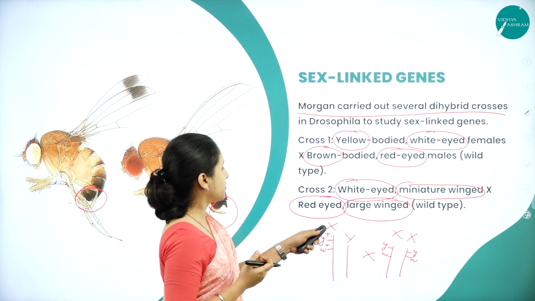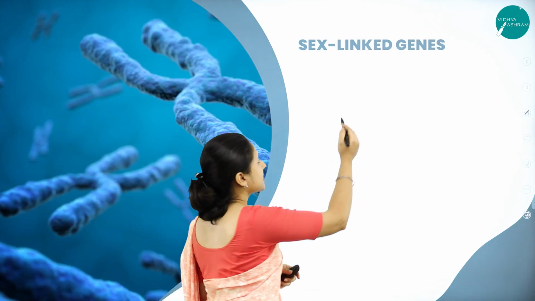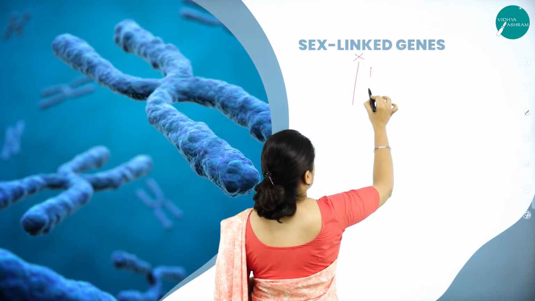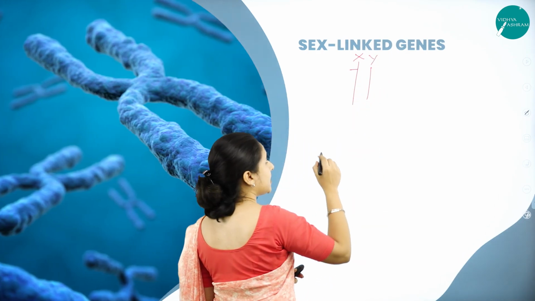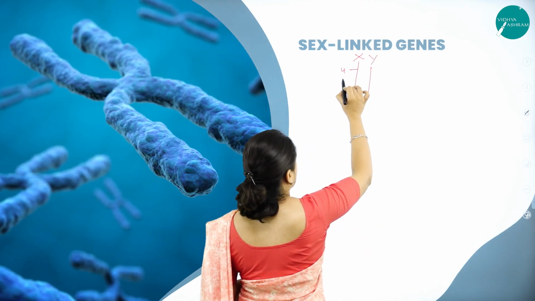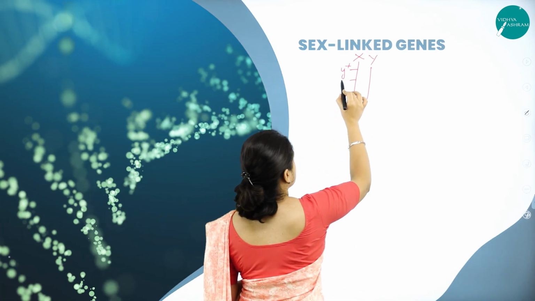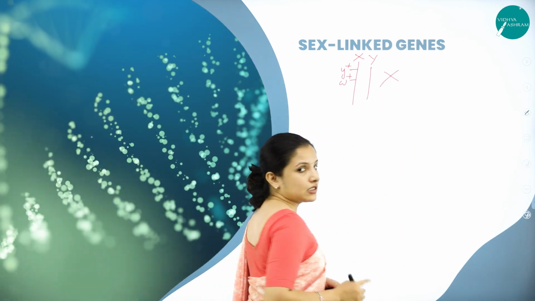So Morgan brought a cross between the male and the female. So the male carried the chromosome X, Y, wherein brown body, which is dominant gene y plus, and red eye dominant gene w plus. So a crossing is brought with the female.